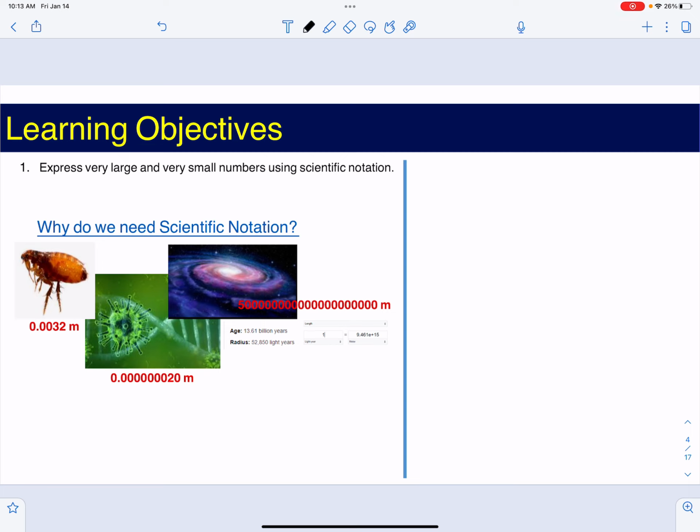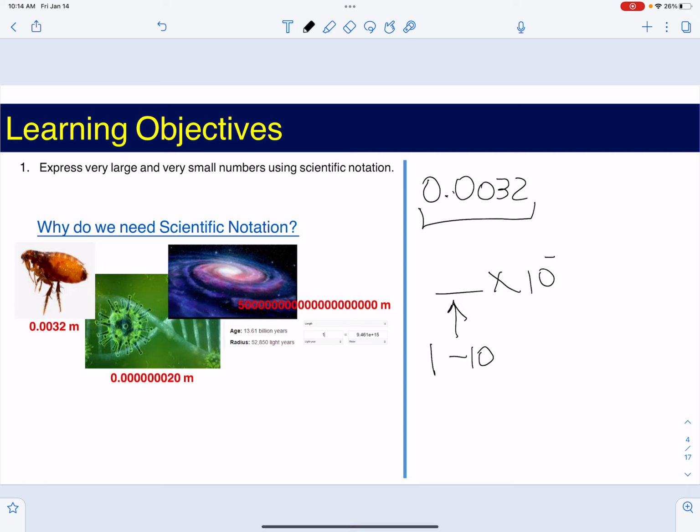So we know that we have 0.0032. We know that that is smaller than 1, so we know the power is going to be negative. And this number, the coefficient, has to be between 1 and 10. So this is definitely not 1 or anything between 1 and 10.